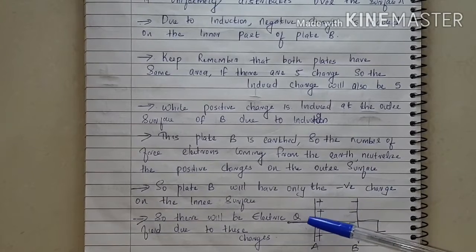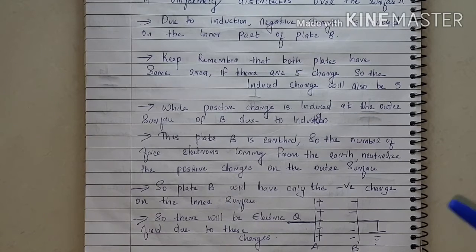So plate A will have positive charge on the inner surface and plate B will have negative charge on the inner surface. And there will be an electric field due to these charges.